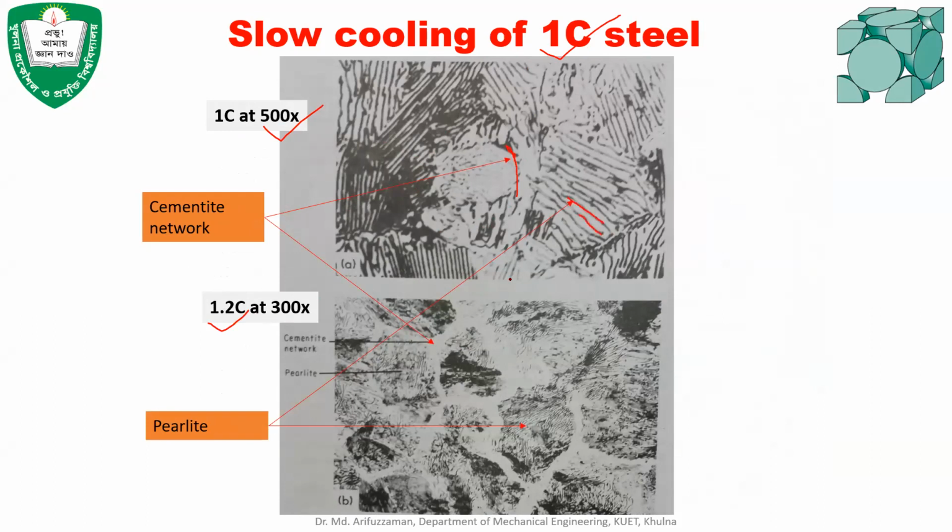The cementite network appears as a white region, and the gray region, the perlite, appears as a combination of cementite and ferrite. That's how we distinguish between the grains or crystal structure.